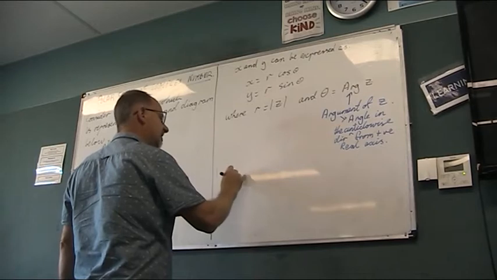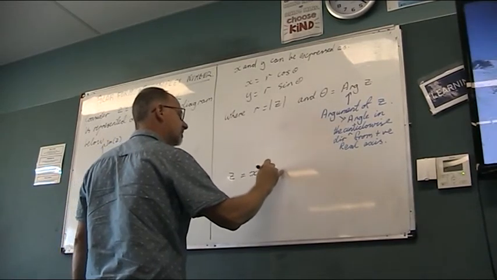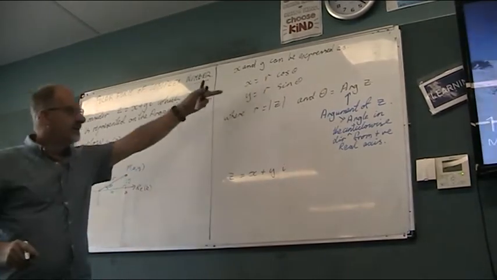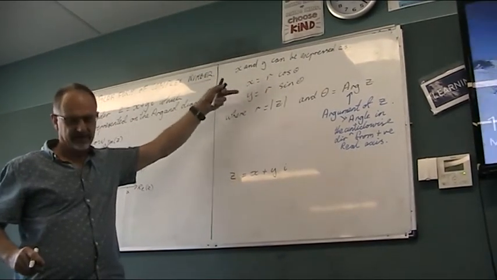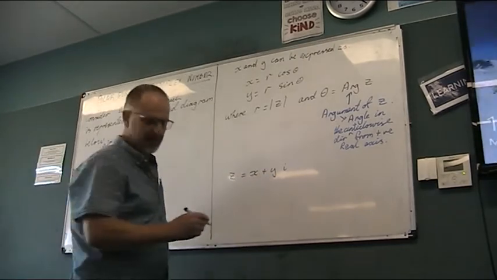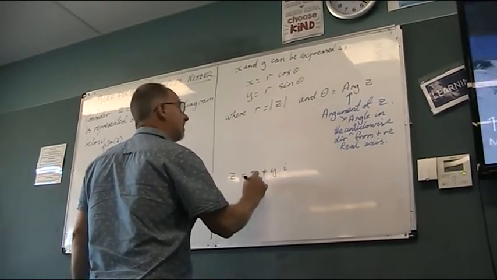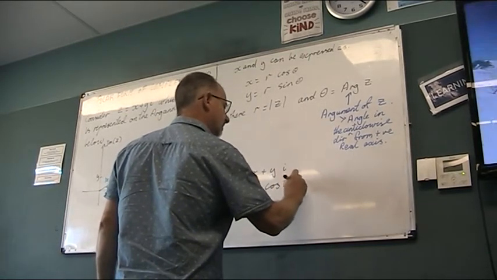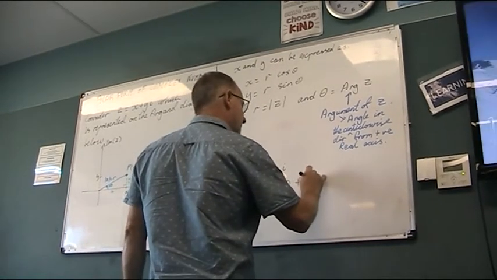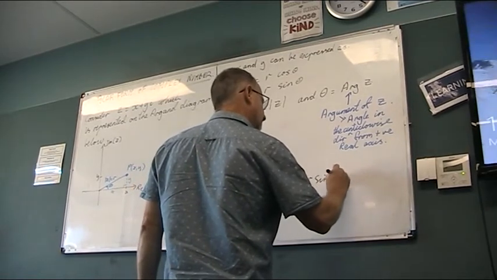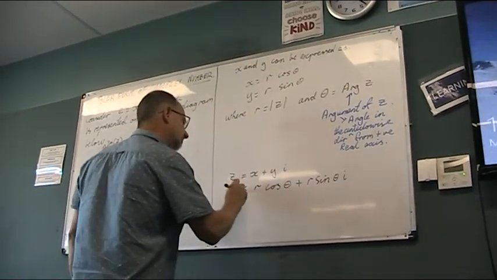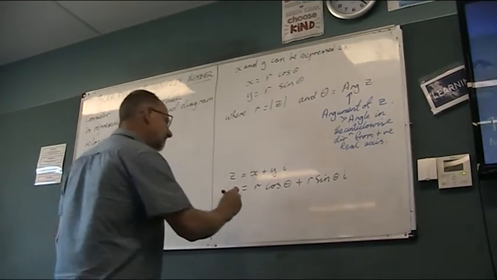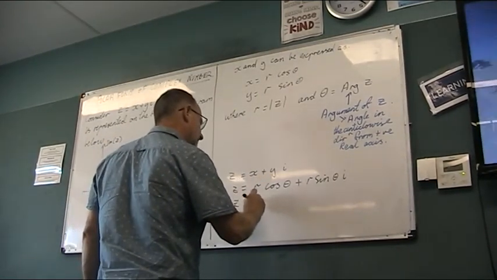So if z is equal to x plus yi, then what we can do is replace the x and the y by these things. The x is replaced by r cos theta, and the y by r sin theta. Then notice that the r is there as a common factor, so we can take that out.